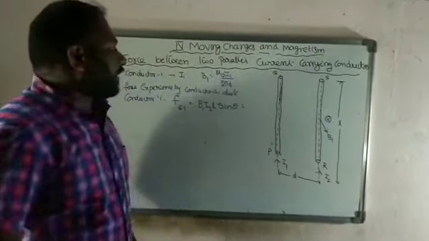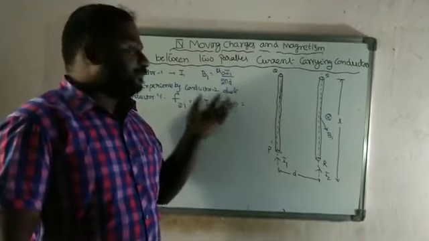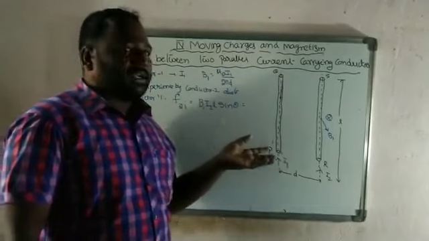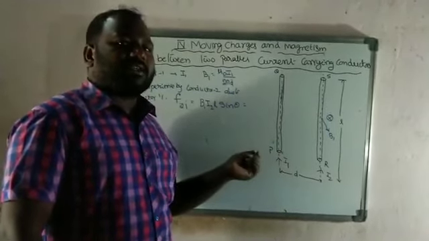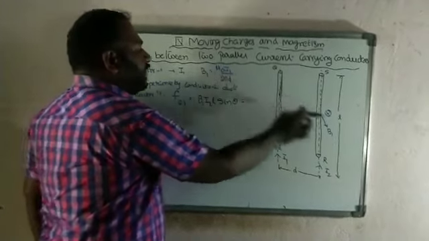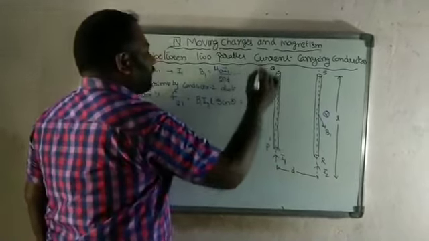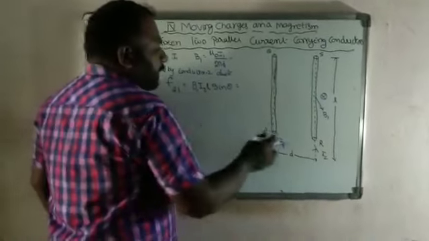From Ampere's circuit law, the integral of B dot dl equals mu times I, and from that B is equal to mu naught I by 2 pi d. So the magnetic field due to conductor 1 is mu naught I1 by 2 pi d.